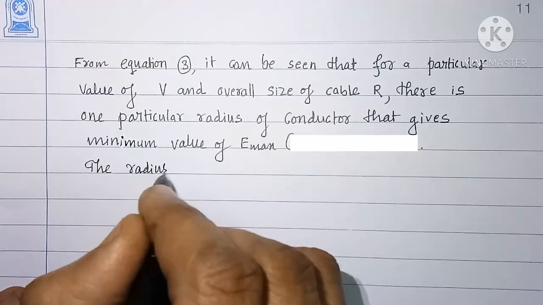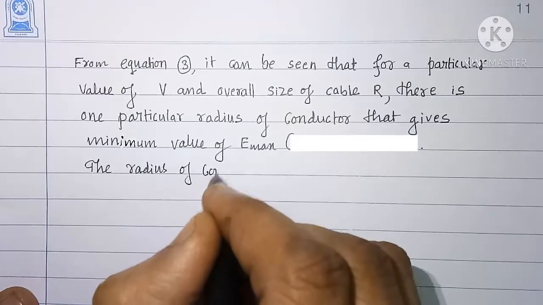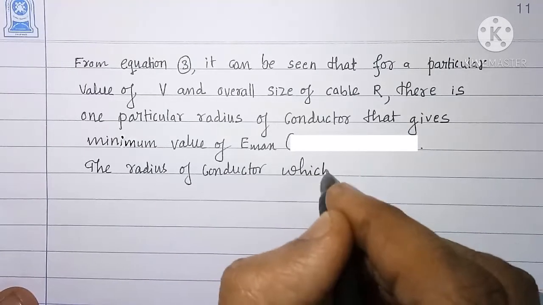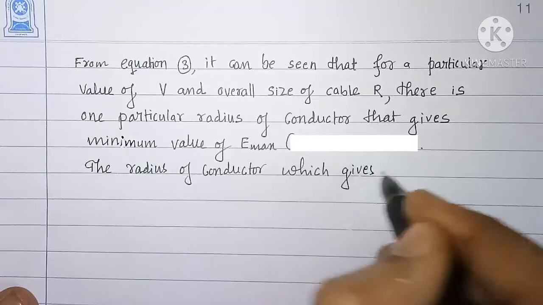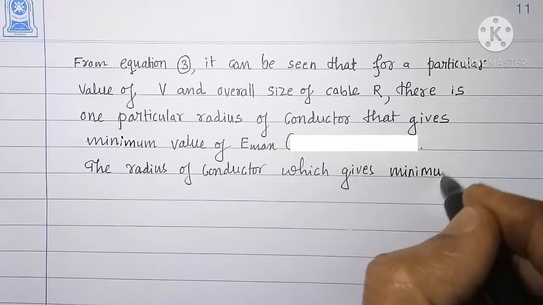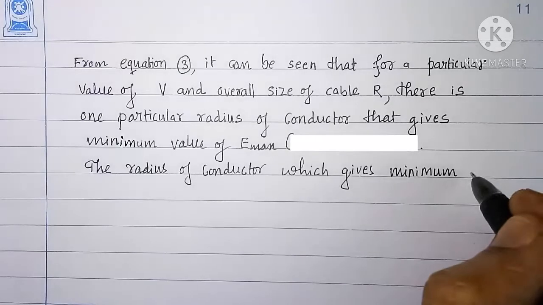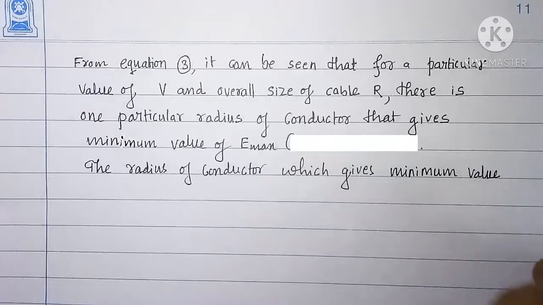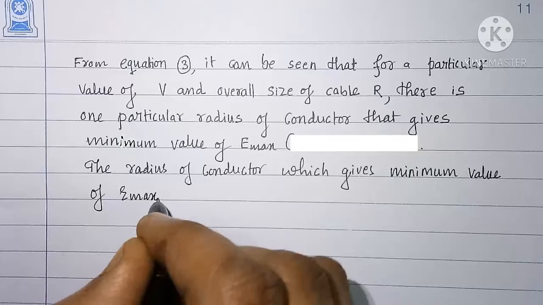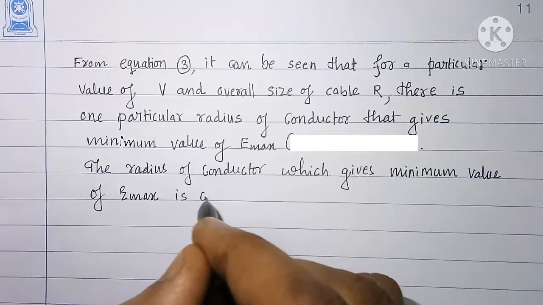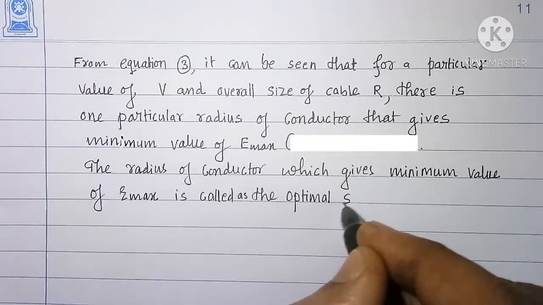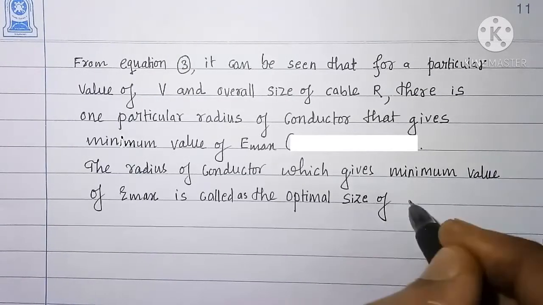The radius of conductor which gives minimum value of Emax is called as the optimal size of conductor.